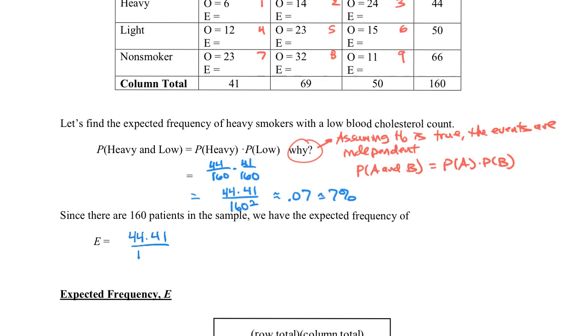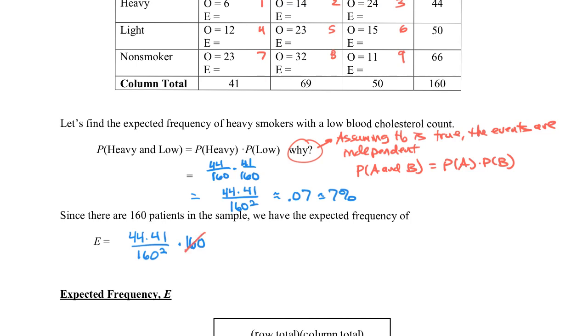So that's my fractional equivalent of 0.07, right? 7%. And I multiply this by 160, figuring out 7% of 160. I do this purposely because now we can see what's going to happen.